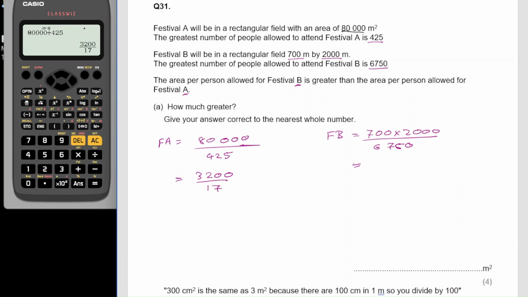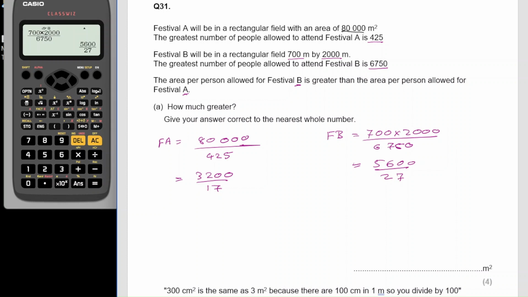For the other one, I've got 700 times 2,000 divided by 6,750. So we've got an area of 5,600 over 27. So how much greater?